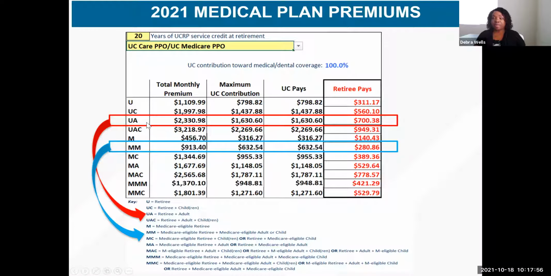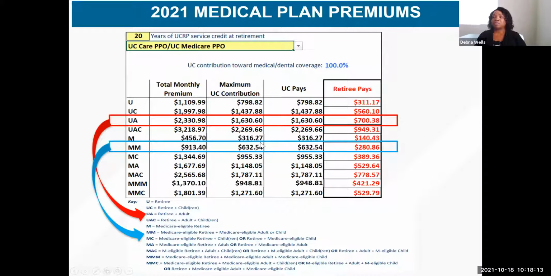Now, if this family of two is aging into Medicare, which is the MM you see here, Medicare eligible retiree and their Medicare eligible adult, this plan only costs the university $913.40.